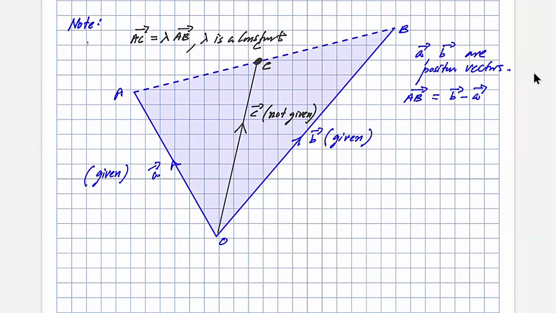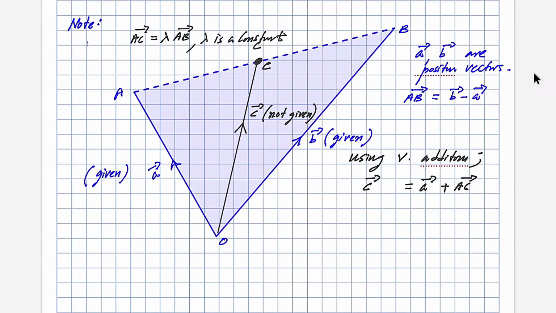Good. Listen to me. So now I'm going to say vector addition. So using vector addition, C vector is equal to A vector plus AC vector.